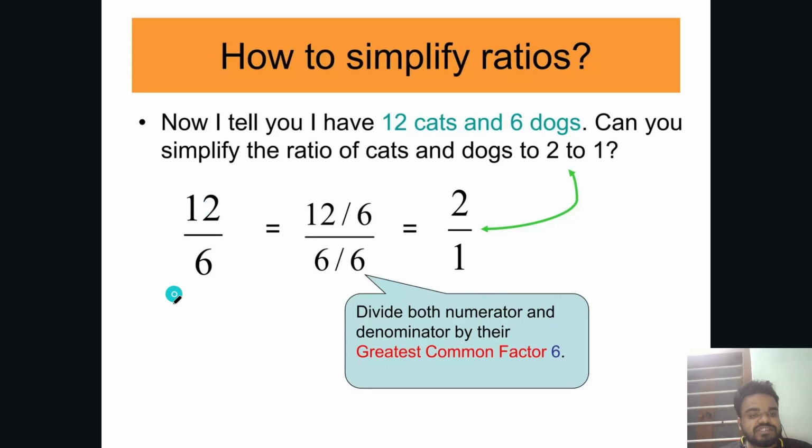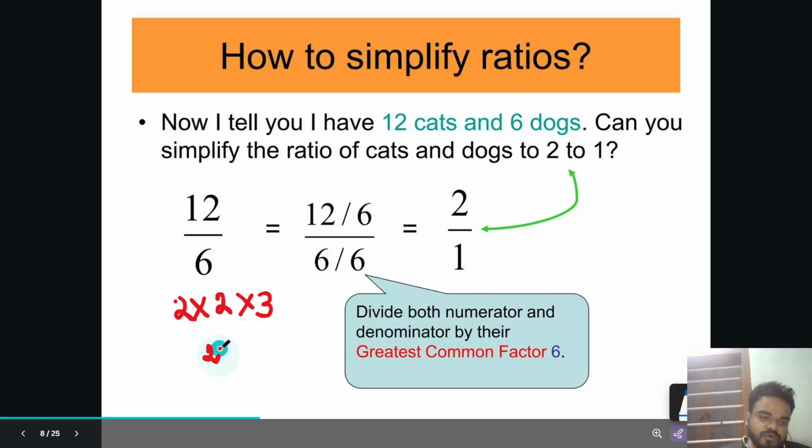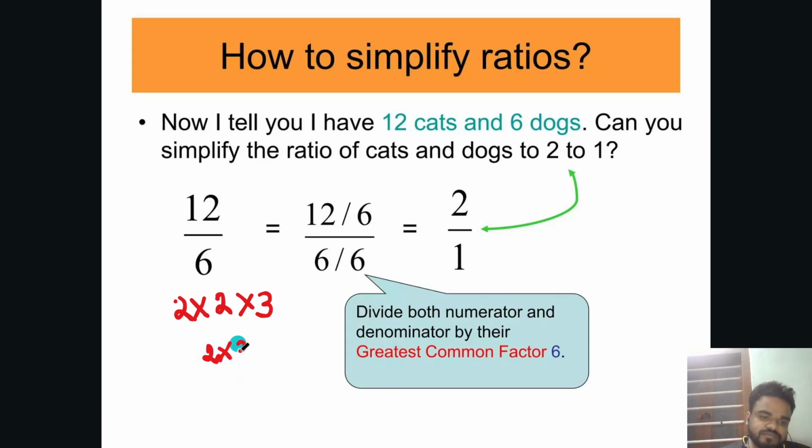First factorize the numbers. 12 is 2 into 2 into 3. 6 is 2 into 3. So 2 into 2 into 3 I can write as 2 square into 3. Right? Yes.